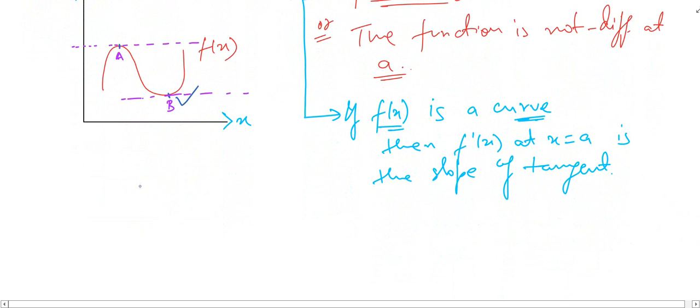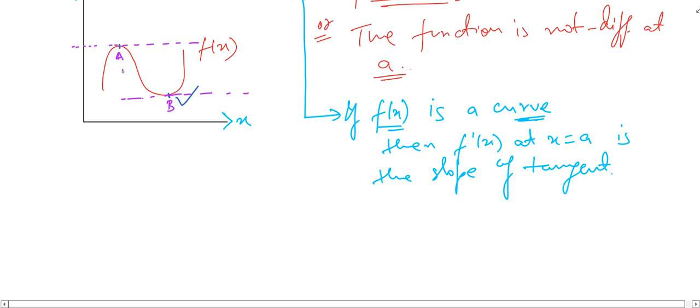If the derivative of a function is 0 at some point, then if a tangent is drawn at that point, it would be parallel to the x-axis. And why is this significant?